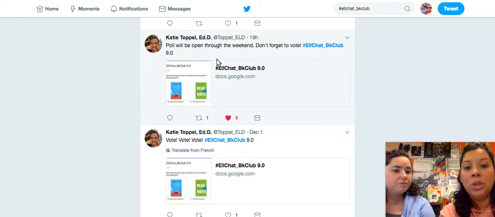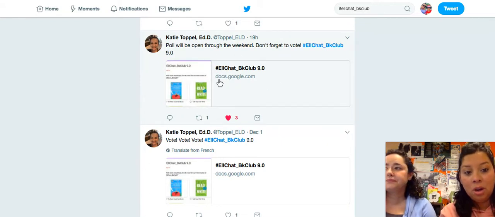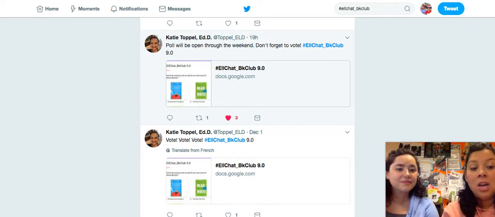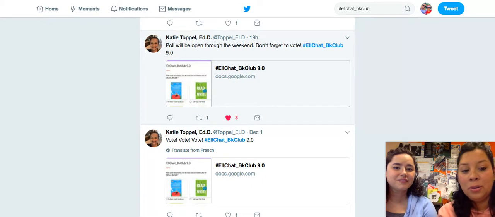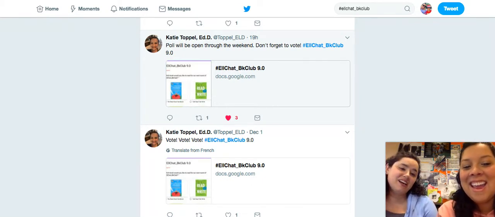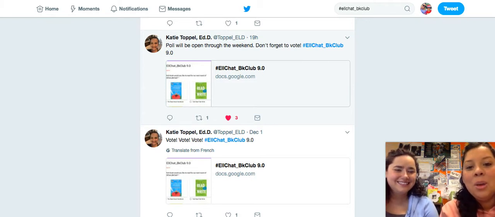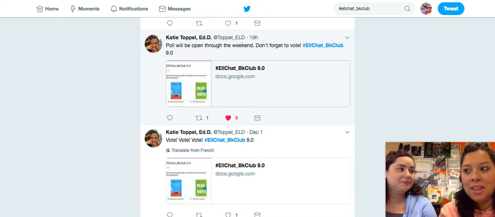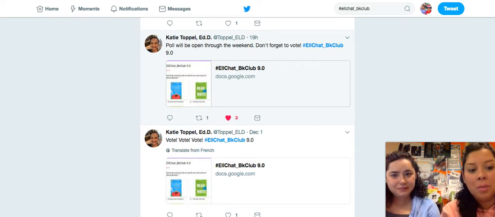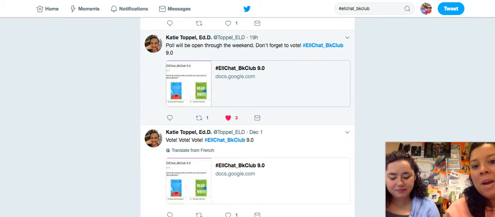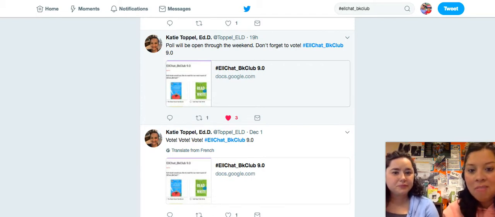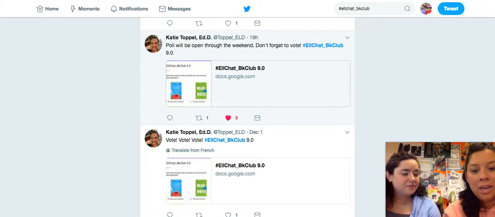So we get to vote each cycle on EL Chat Book Club. Right now we're voting for the next book. So vote for Talk, Read, Talk, Write. I really want to read that book. And it's thin, so I think it'll be easy. We get to participate in the decision-making process by voting for books. So Katie has, who knows how long her list is, of books, and she puts a variety of them on there.